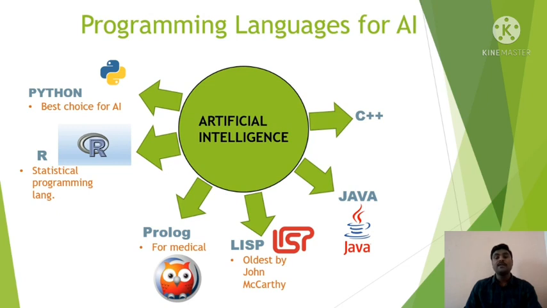And there are many others such as MATLAB, Julia, etc. So there are n numbers of programming languages that can be used for artificial intelligence. But as I have said earlier, Python is the most preferred programming language by software developers or software engineers who are dealing with artificial intelligence. They prefer Python the most.